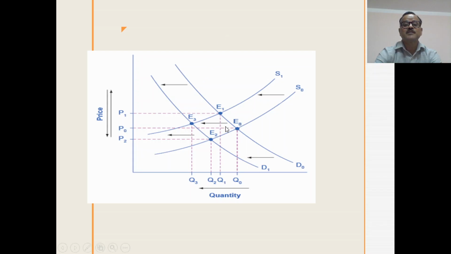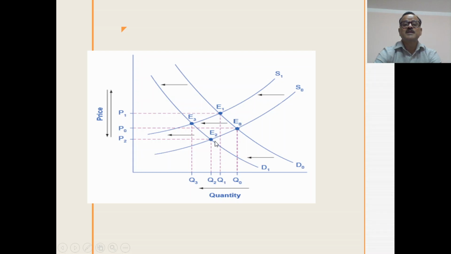And here we can see, if demand falls and demand shifts back, then what happens? A new equilibrium is determined at this point, price P2 and quantity Q2.